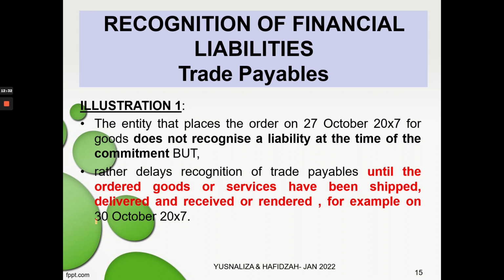So the date that gives rise to the recognition of a financial liability, let's say trade payable, will be 30th of October 2007, which is the date the goods are received, or the services are rendered.